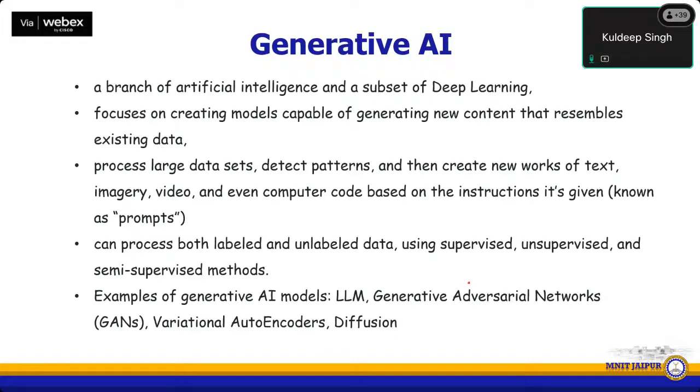The modern generative AI models like transformers or the LLMs have deep neural networks, the advanced form of deep neural network. And the main focus of a generative AI model is to generate new content, and the outcome is that the generated content resembles the existing data.